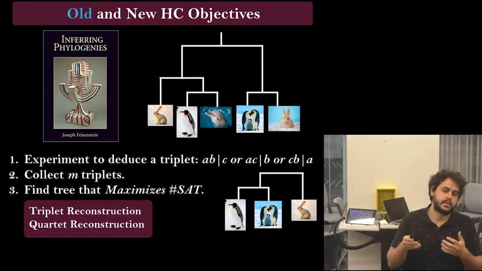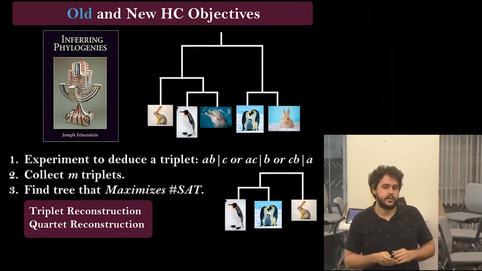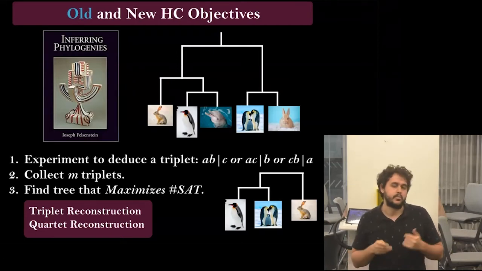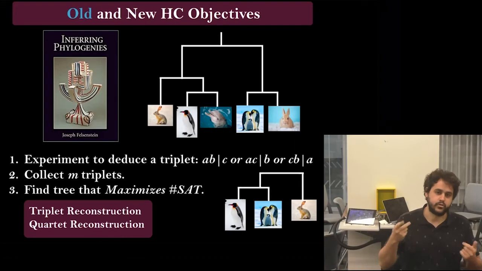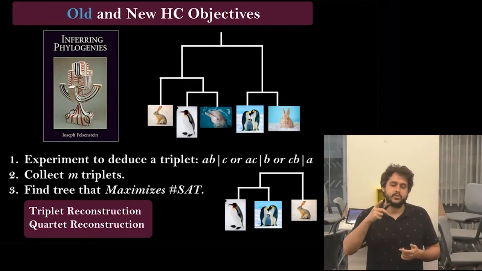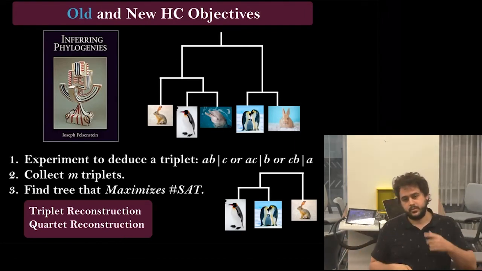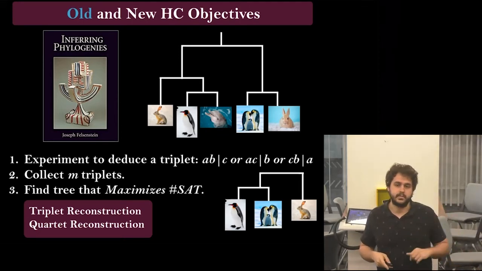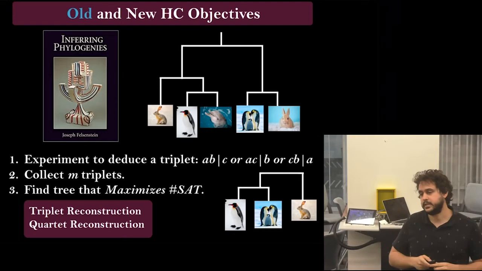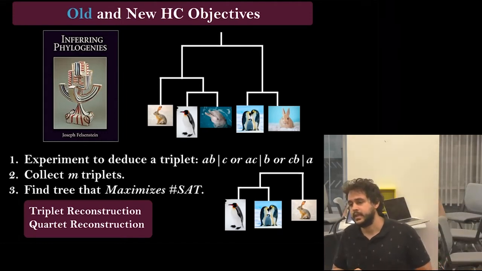Okay, so it just means that the penguins are more closely together in the tree. And on purpose, I have this tree here that is the wrong one, so that it annoys you in some sense, because here I have one of the penguins being closer to the rabbit. Does it matter how far over it is?